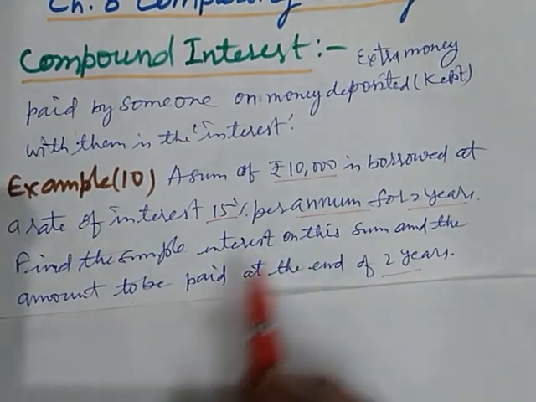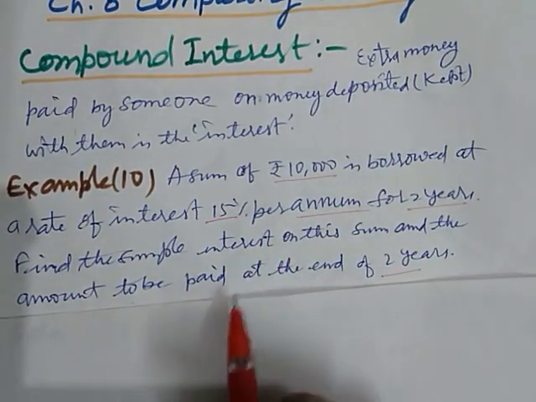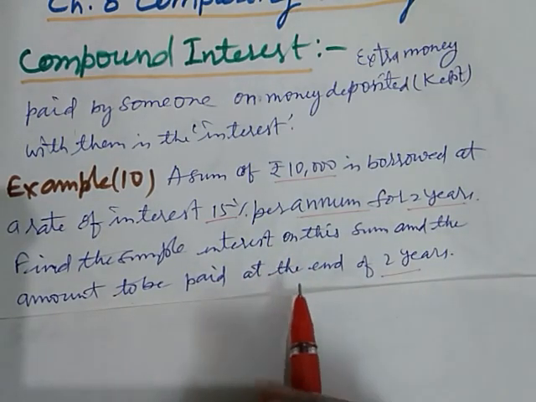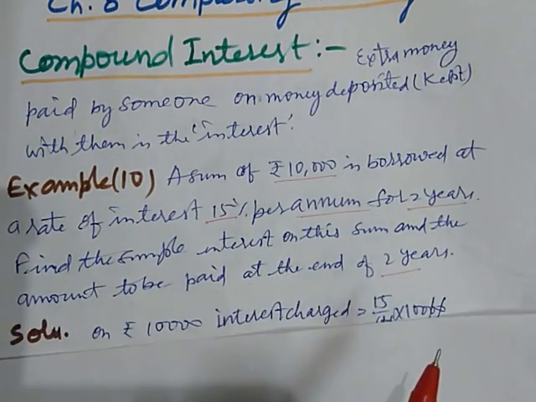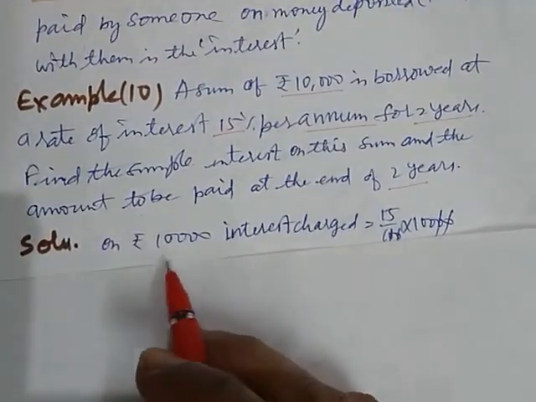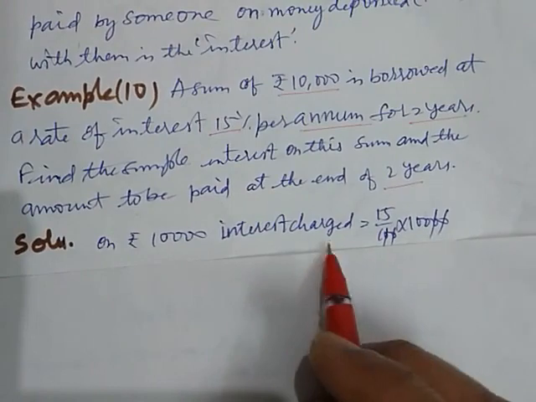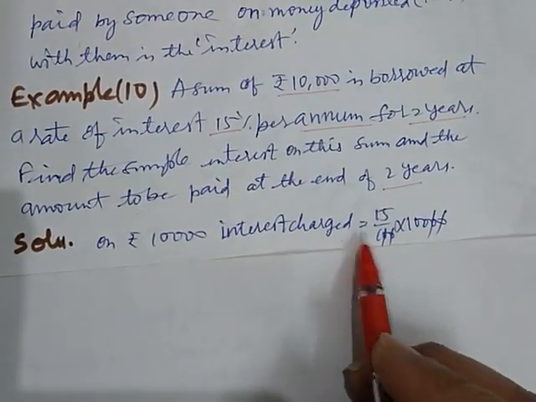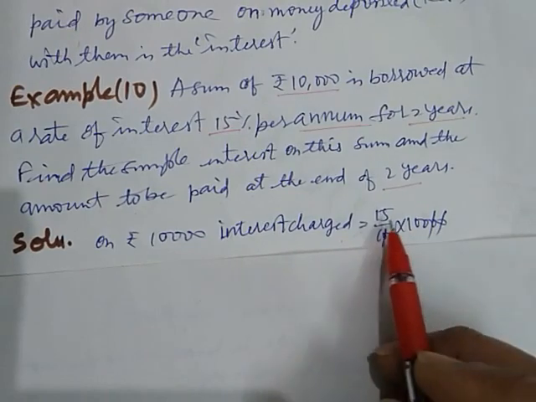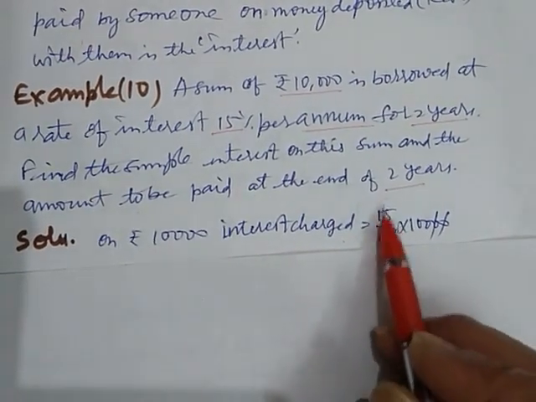After 2 years, how much amount has he paid? On rupees 10,000, the interest charged depends on the rate. 15% is the rate.